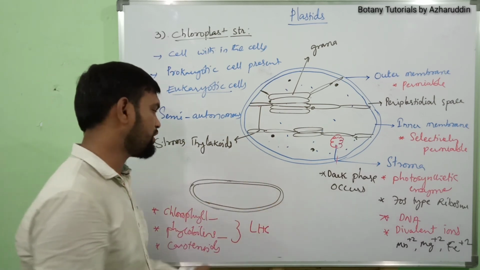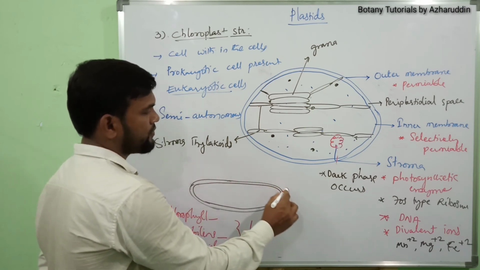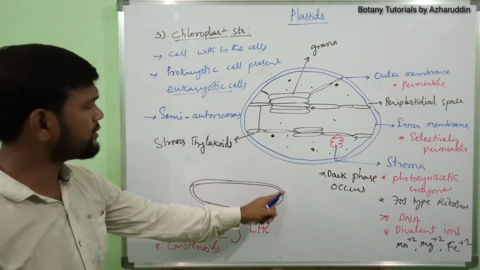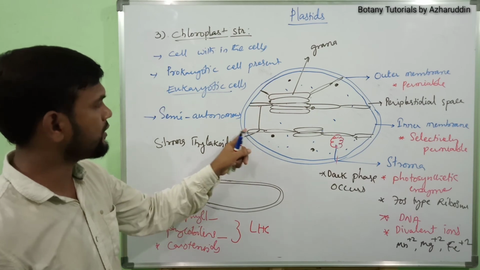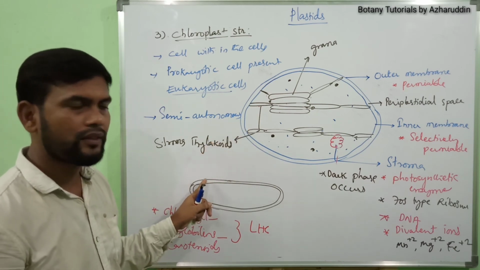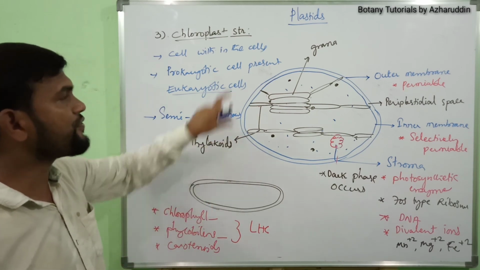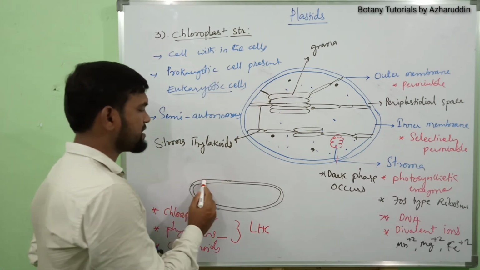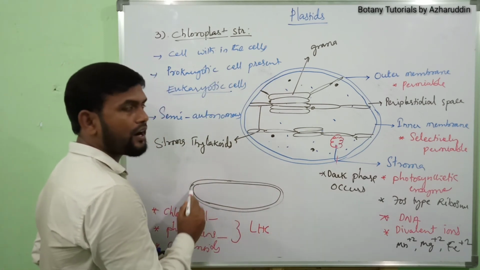Light energy is converted into chemical energy in the thylakoid membrane. That means the light phase of photosynthesis takes place in the thylakoid membrane.